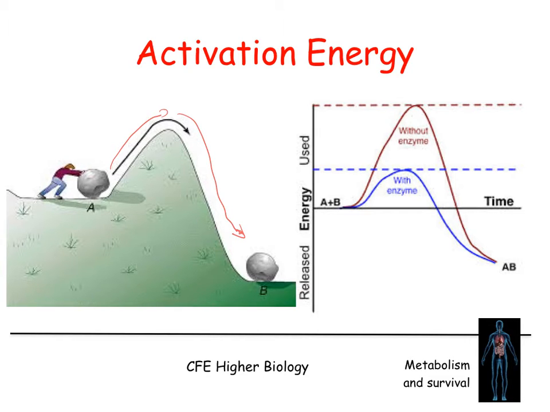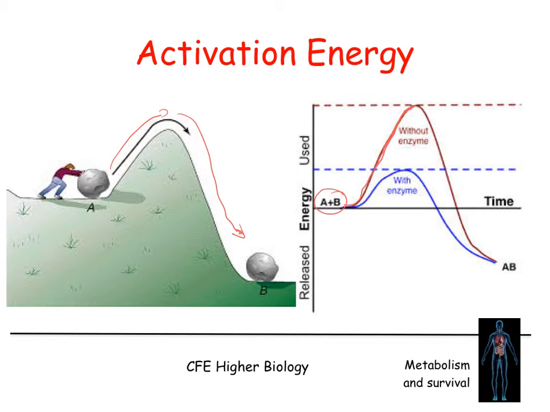Now, if there isn't an enzyme present, if we have a look at this graph that is over here, we've got two reactants here, A and B. If there's not an enzyme present and we graph out the reaction, this is the energy that is having to be put into the reaction here.